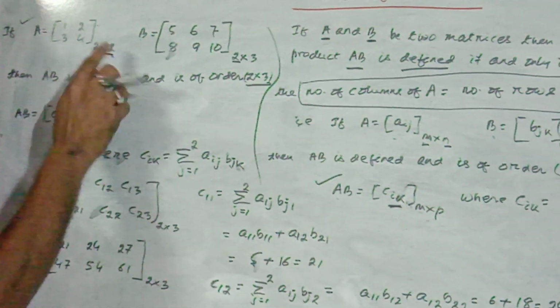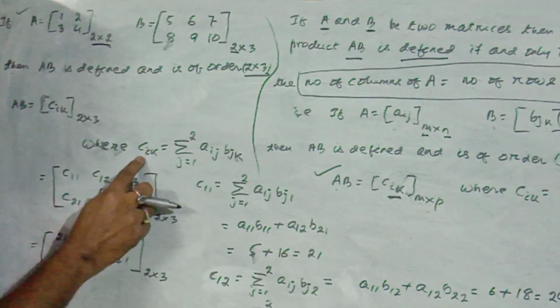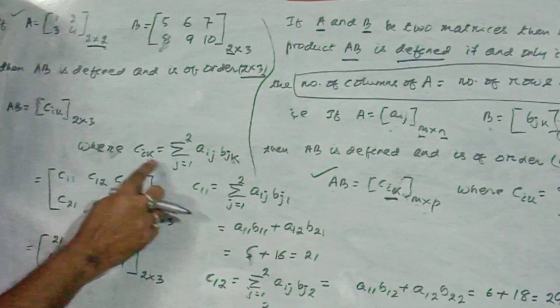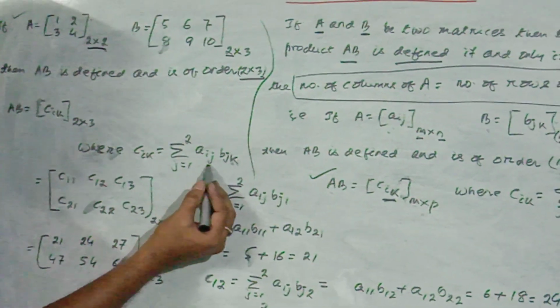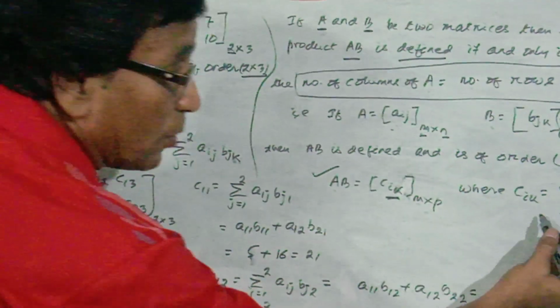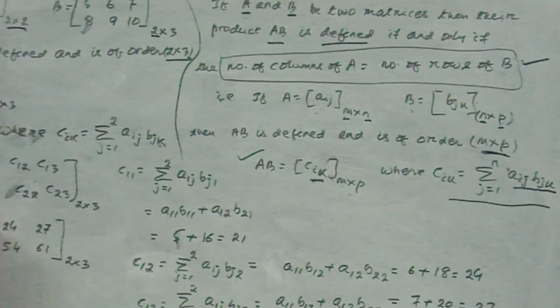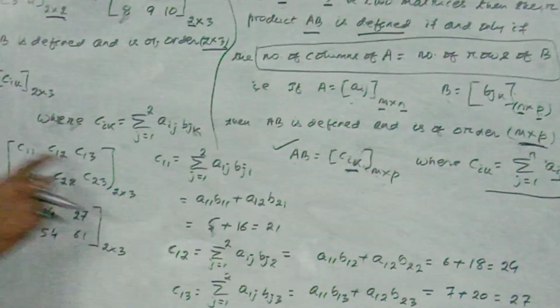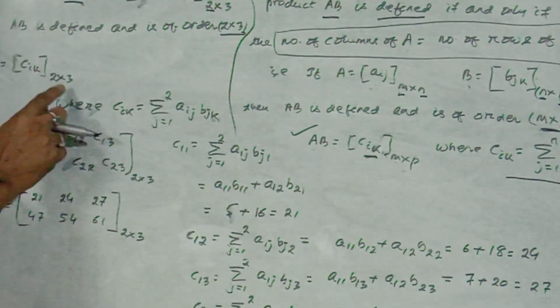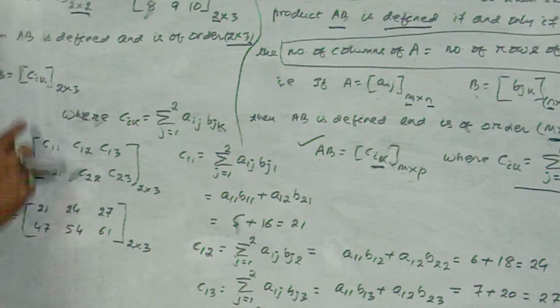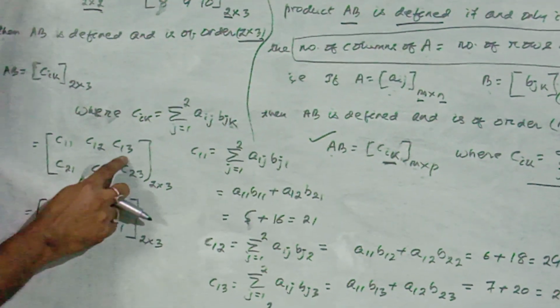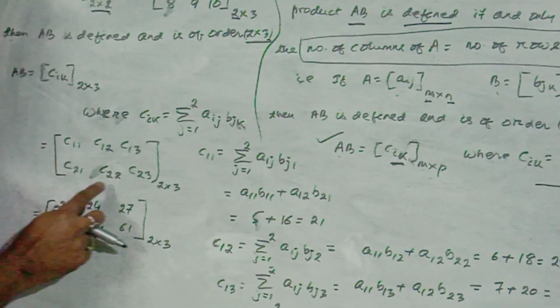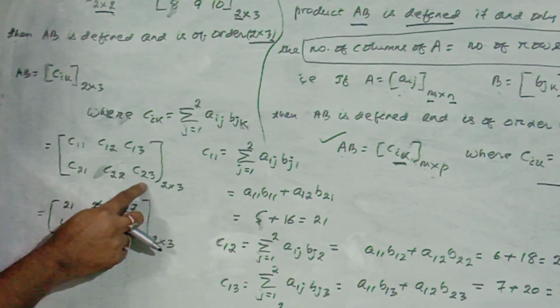That's why I have written that the Cik element is equal to the summation, j varies from 1 to 2, of Aij Bjk, according to this definition. Now we will form a matrix of order 2 cross 3, that is Cik. So it is C11, C12, C13, C21, C22, C23.